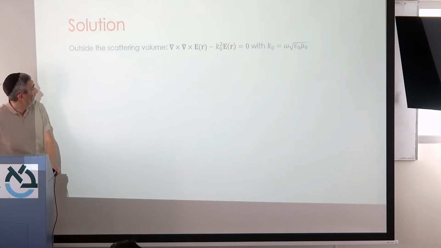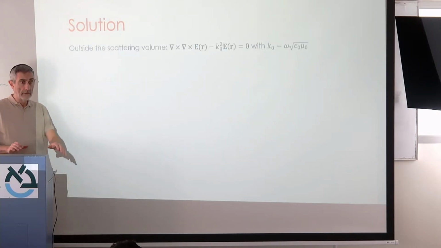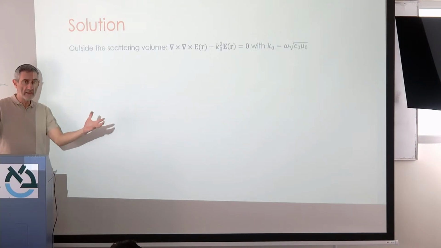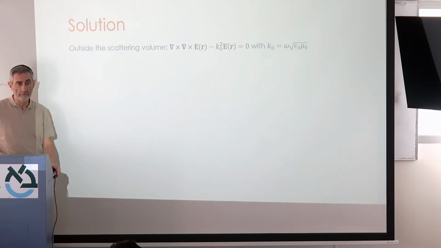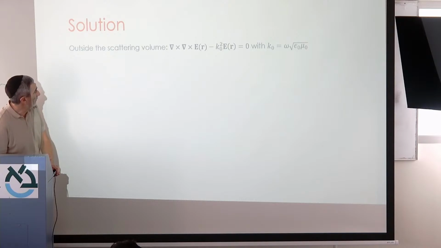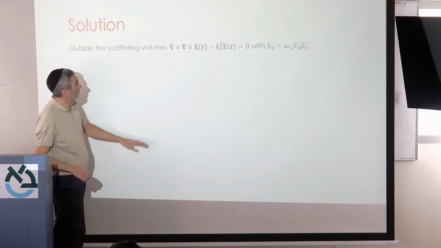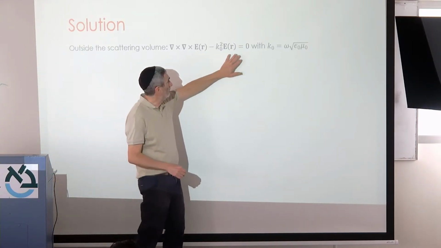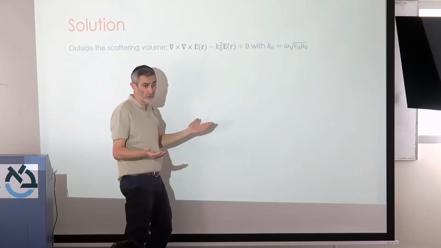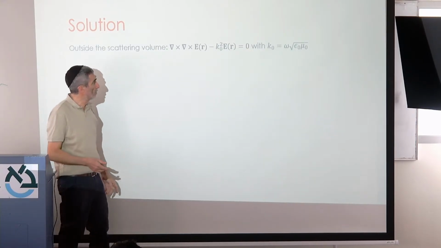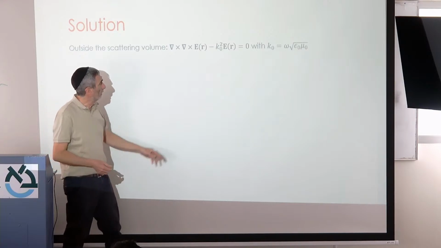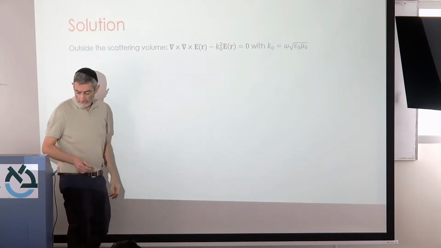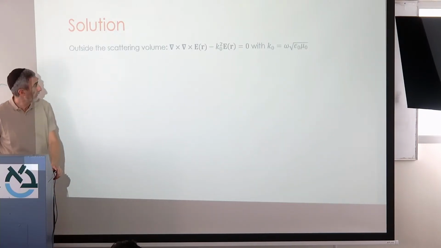So you have to consider the space outside the scatterer and inside the scatterer. Outside the scatterer, you have the wave equation with a 0 on this side, so it's the homogeneous equation itself, where E is the solution of this equation outside the scatterer.